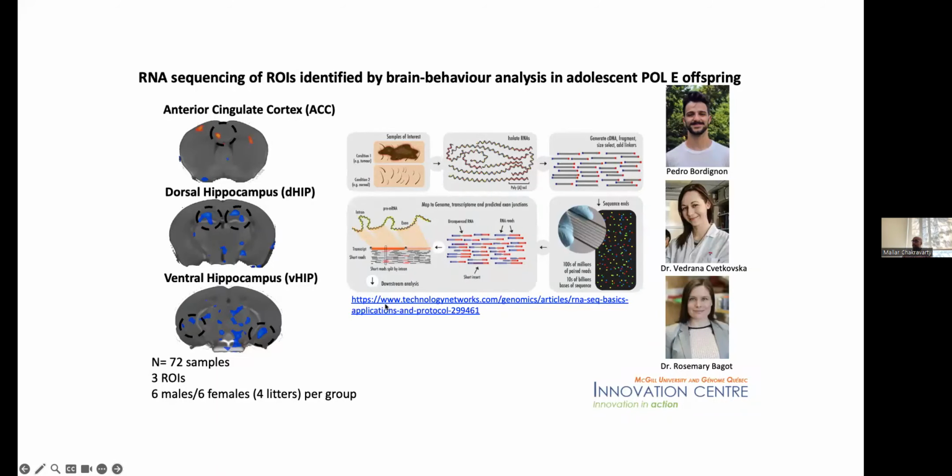And she helped us run a number of RNA sequencing experiments where we harvested tissue from fresh frozen tissue from animals after GD9 exposure in a number of areas that we saw to be affected. So like I said, the prefrontal area, the hippocampus, as well as the dorsal and the ventral hippocampus.